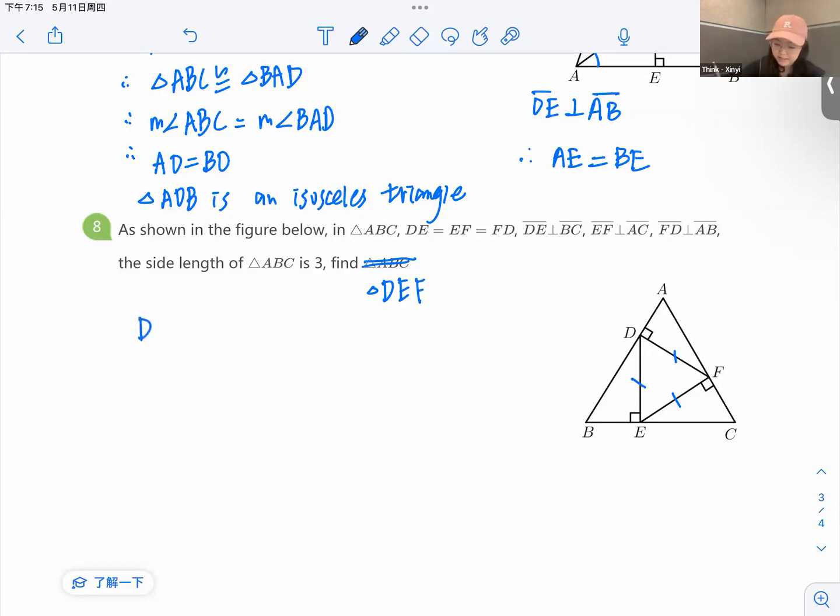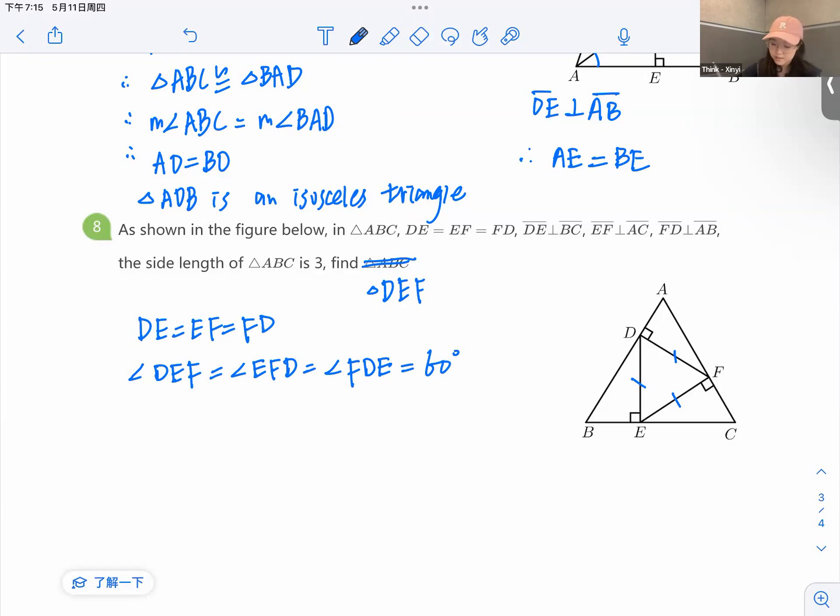Since we have DE equals to EF equals to FD, we can have the angle DEF equals to angle EFD equals to angle FDE equals to 60 degrees.